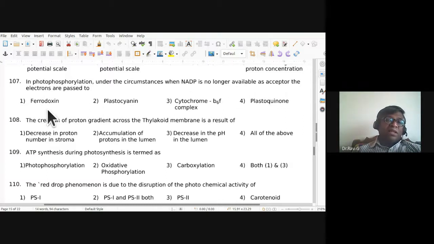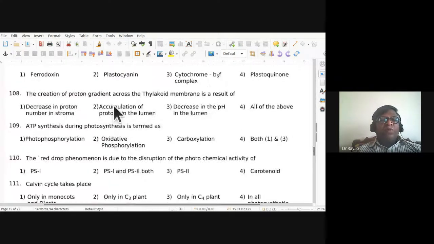The electrons are passed to the cytochrome B6F complex.